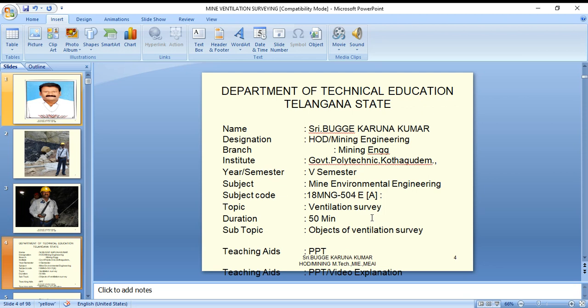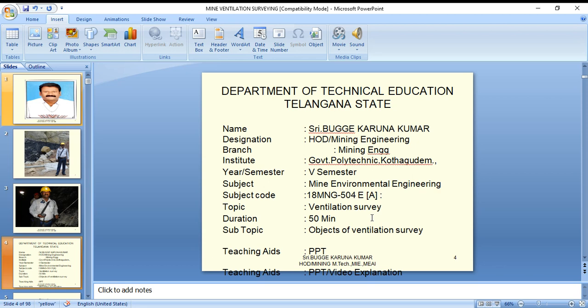Today's topic is ventilation surveying in mine ventilation environmental engineering. The object of a ventilation survey is to study quantity, particularly in a duct, and also how much quantity is in a particular area.